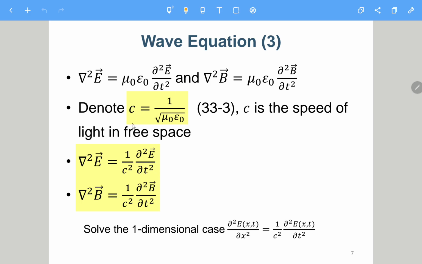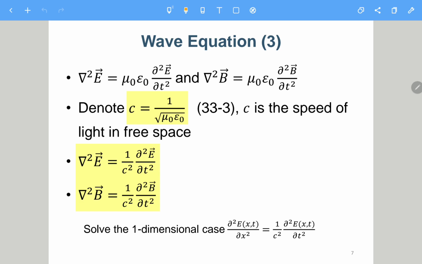Because in around chapter 17 or 18 of this textbook, it talks about waves, not the EM wave, but other mechanical waves, like sound or whatever wave.